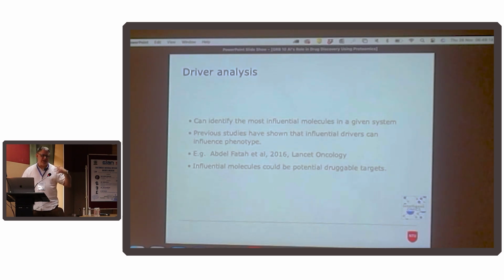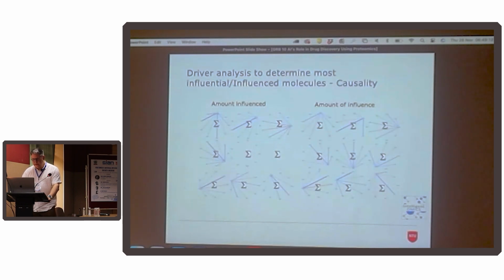So again, phenotypic changes that resulted from that target. So, as I said before, driver analysis takes the sum of links leading to a gene and tells us how influenced the gene is, and then takes the sum of the links leading from the gene to tell us how influential it is.